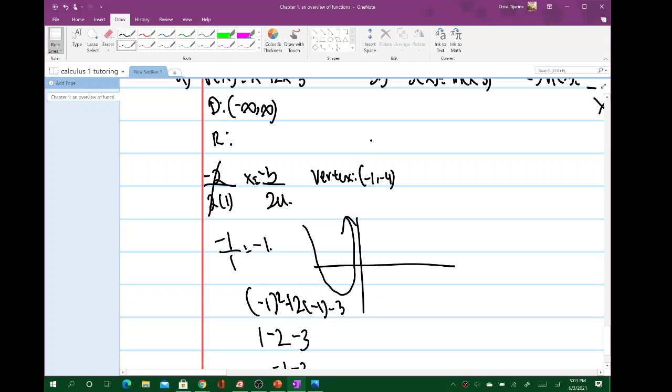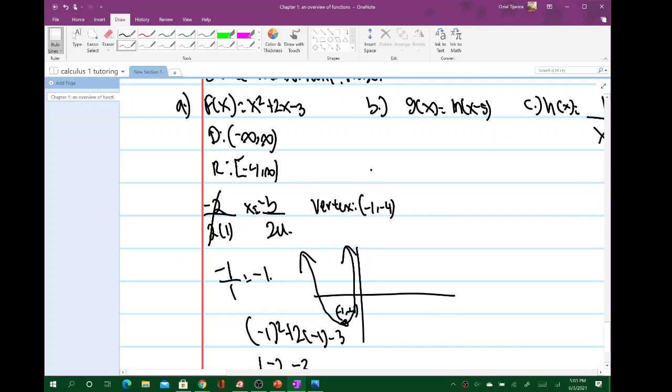And this is the vertex, negative 1, negative 4, right? So the range can only go from, and it's going to be a bracket, negative 4 up to infinity. Because the graph is facing up, since the a value is greater than 1. So it'd be negative 4 to infinity.